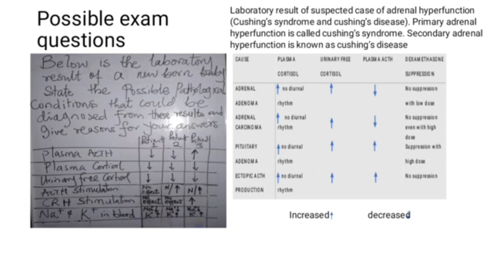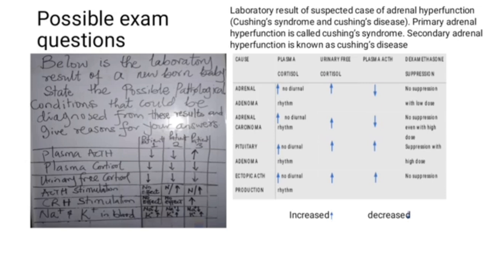But it means that the hormone which is supposed to stimulate the pituitary is not working. Now, if you give CRH and the CRH did not have any effect, there was no stimulation, because the CRH stimulation is supposed to make the hypothalamus produce CRH.